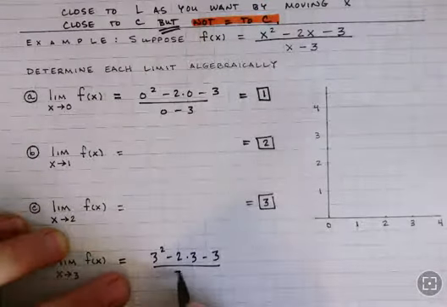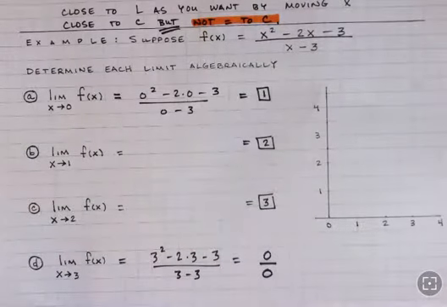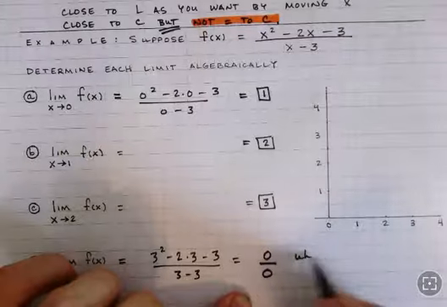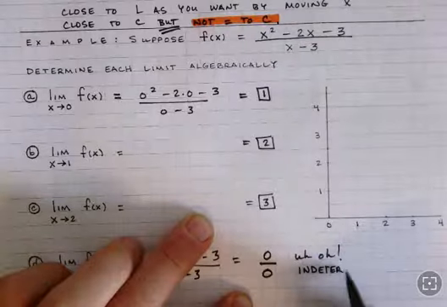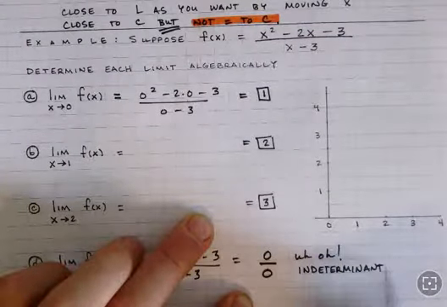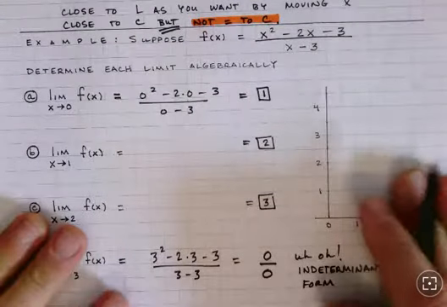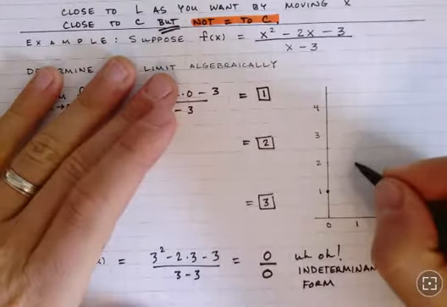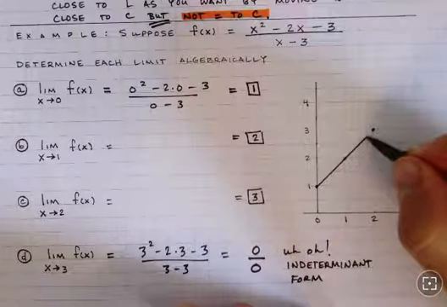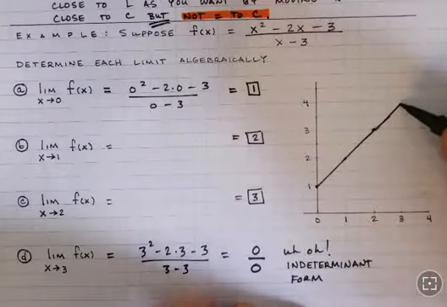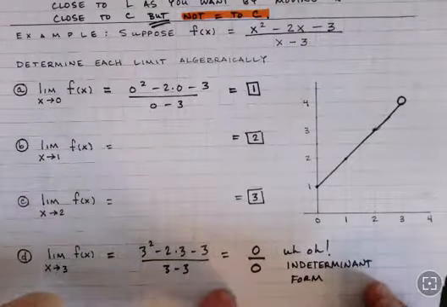The numerator is equal to 0, and the denominator is also equal to 0, which means, uh-oh, we have an indeterminate form. An indeterminate form tells us that the function is going to be undefined at 3 because 0 can't be divided by 0.